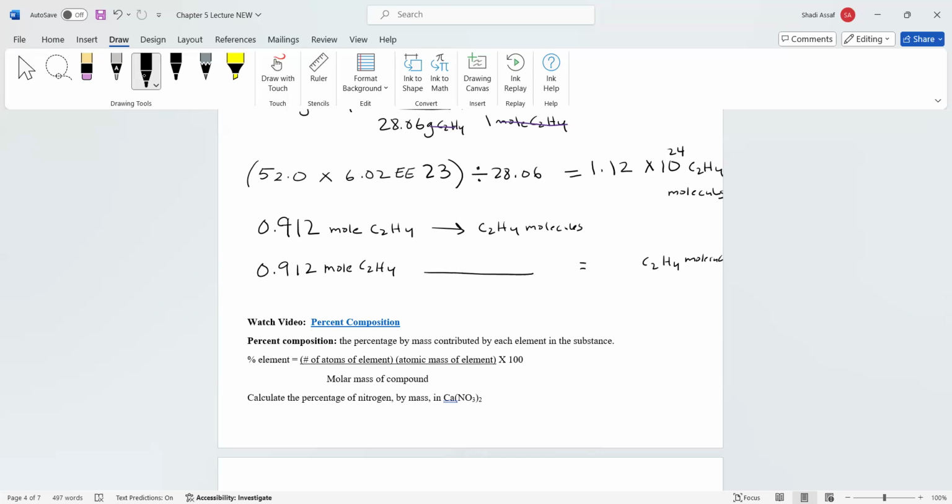Here we just have one conversion factor, which is 1 mole of C2H4 equals 6.02 times 10 to the 23rd.